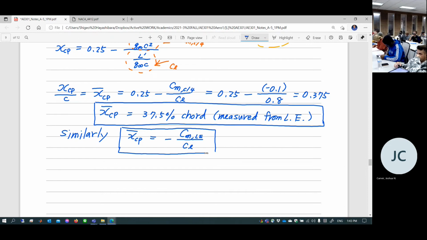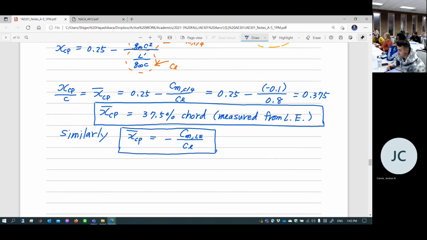In this case you cannot use this equation because you don't know the leading edge moment, but you can relate the leading edge to the quarter chord moment, and you end up with the same equation. Any questions here? This is how you determine the center of pressure.